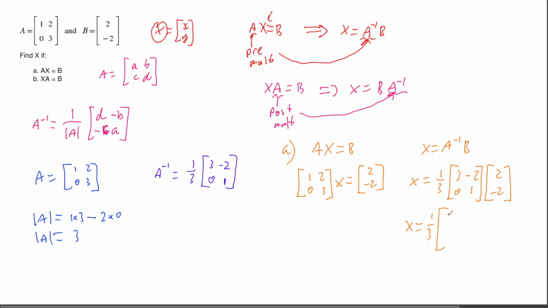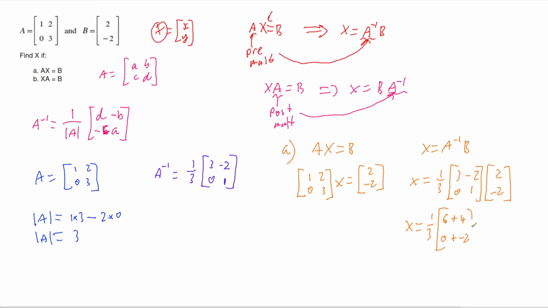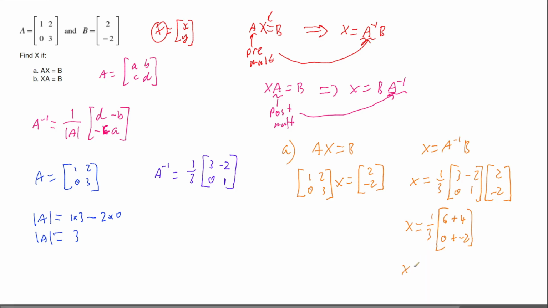Now multiply the first row onto my column. So 3 times 2 is 6. Add on negative 2 times negative 2 is 4. Then my second row onto my column, 0 times 2 is 0. Add on 1 times negative 2 is negative 2. So the solution here is 1/3 times 6 plus 4 is 10, and 0 plus negative 2 is negative 2.